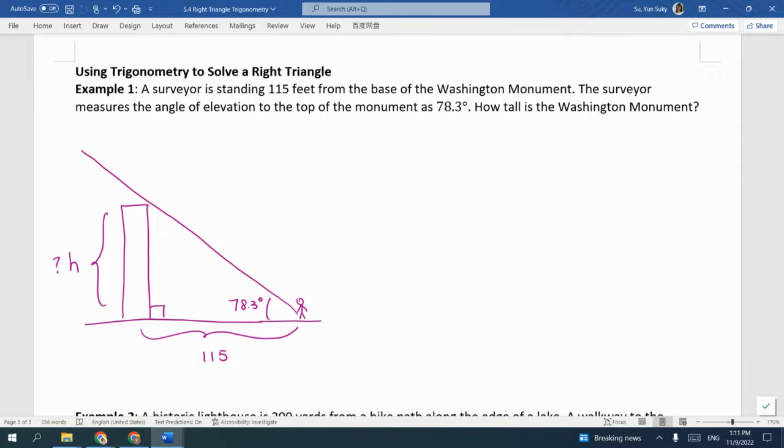Tangent. Oh, by the way, you can also use cotangent. But because your calculator has tangent instead of cotangent, it's better to use tangent. Okay, everybody? So tangent of that angle, tangent of 78.3 degrees equals what?